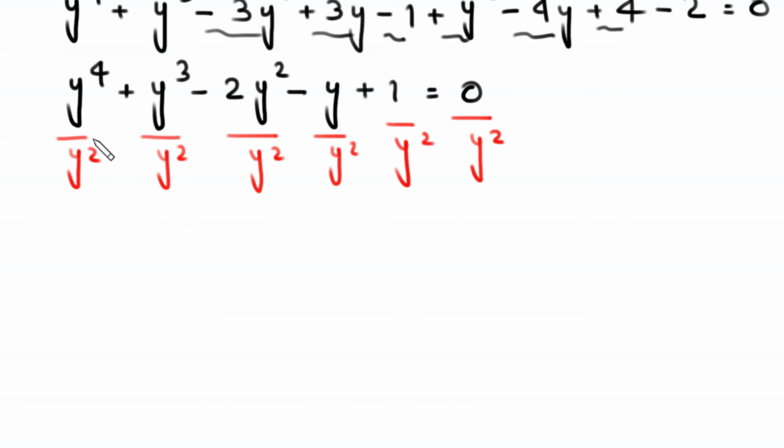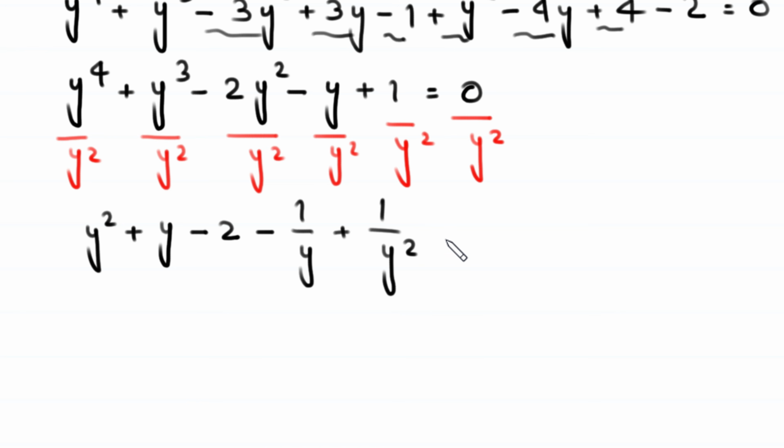So y to the power 4 divided by y squared will become y squared plus this will become y, and this will become negative 2, and this will become negative 1 over y, and this remains the same, plus 1 over y squared equal to 0.